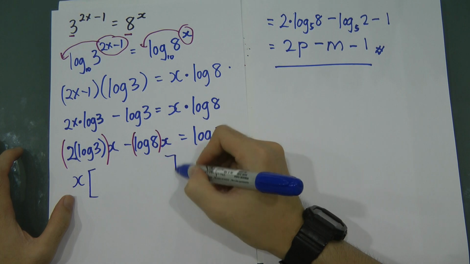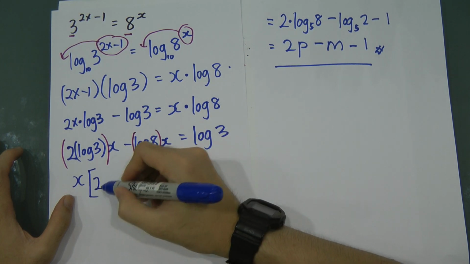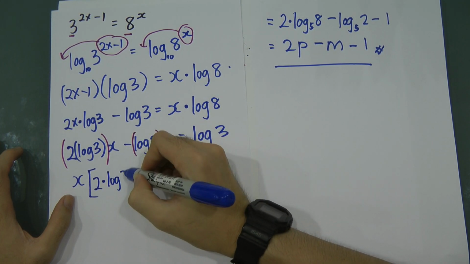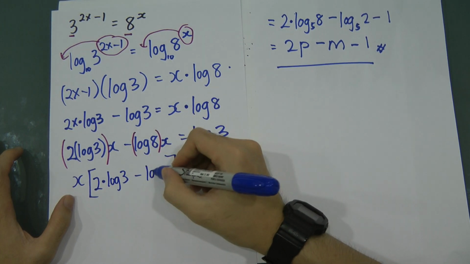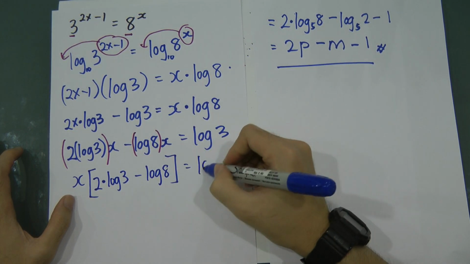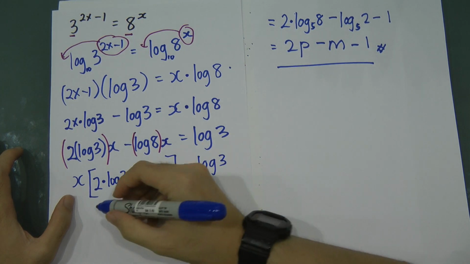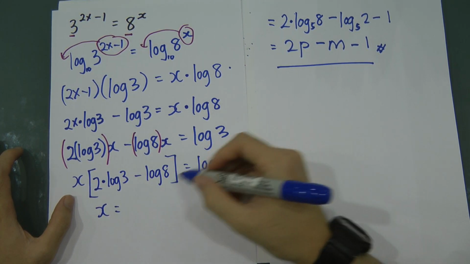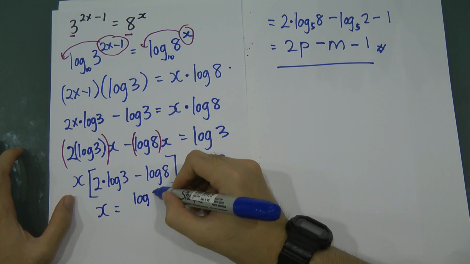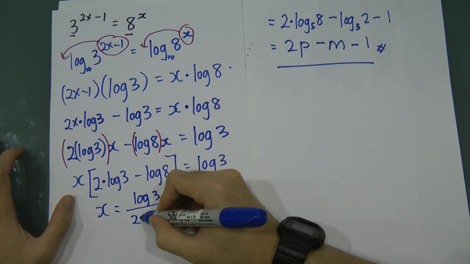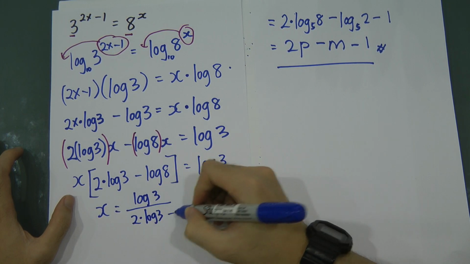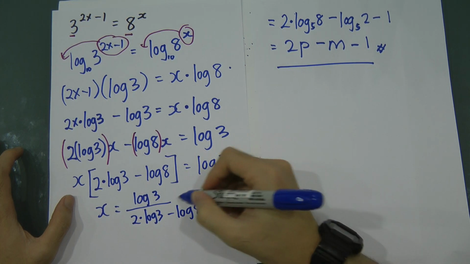All the coefficients will stay over here. This is 2 multiplied by log 3, minus log 8 equals log 3. Therefore x will equal log 3 divided by 2 multiplied by log 3 minus log 8.